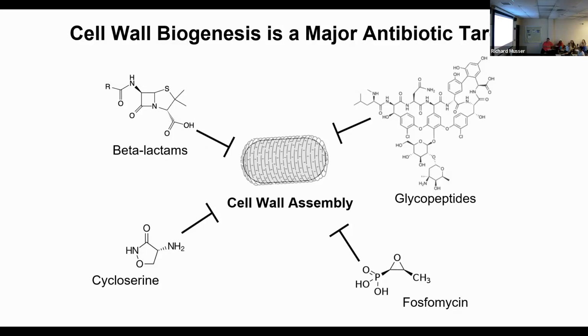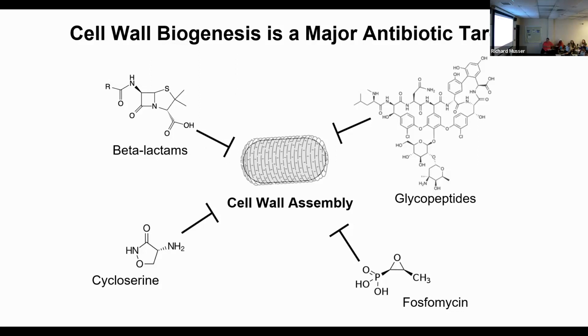Our most successful classes of antibiotics, the beta-lactams, inhibit synthesis of the bacterial cell wall. So you're talking about penicillins, cephalosporins, carbapenems. Vancomycin is another example of an antibiotic which targets the cell wall, as are cycloserine and fosfomycin.